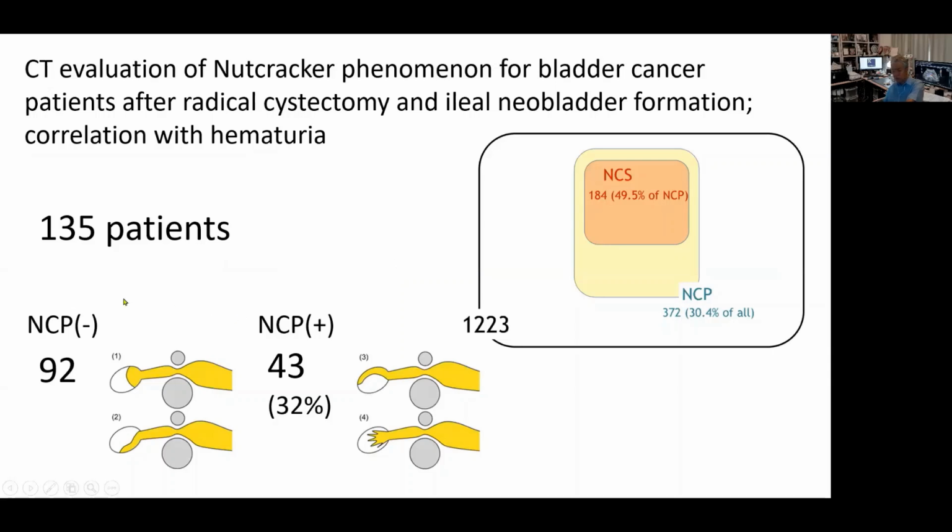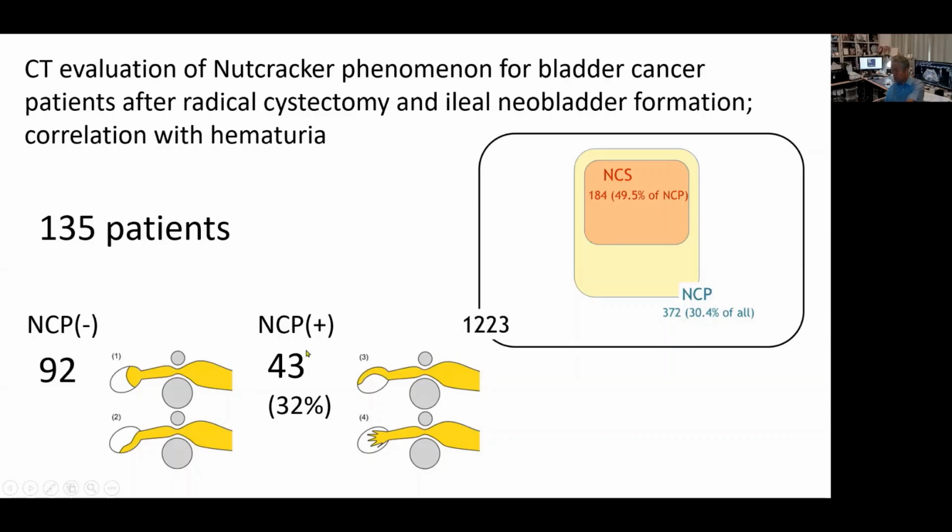There were negative Nutcracker phenomenon findings, like a plug flow pattern or flow of contrast-opacified blood along the dependent posterior margin, in 92 patients, while there were positive findings, like contrast-opacified flow along the anterior non-dependent margin or jetting, in 43 patients.